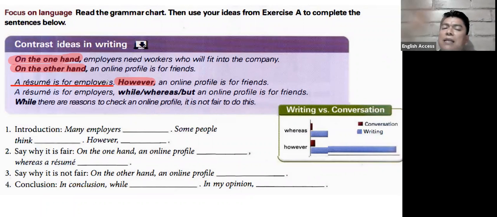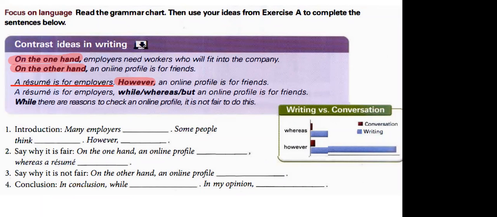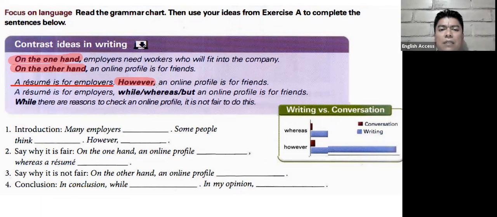However, now we have a contrasting idea, something different. Not really opposite, just different. However, an online profile is for friends. Ah, that's the difference. Yes, here we have a resume and here we have an online profile. There's a difference, right?